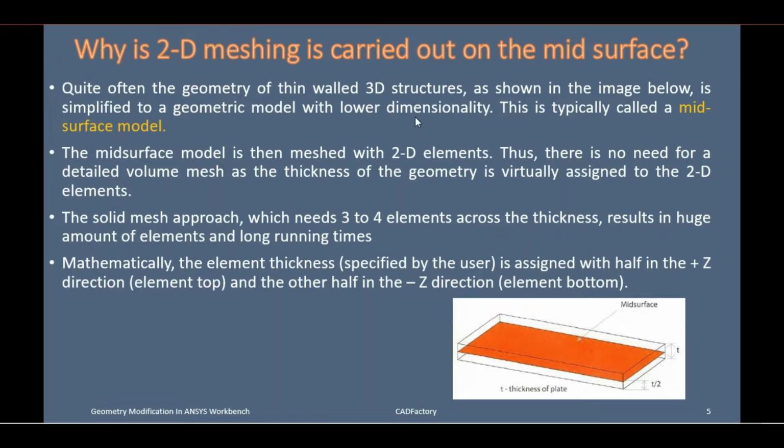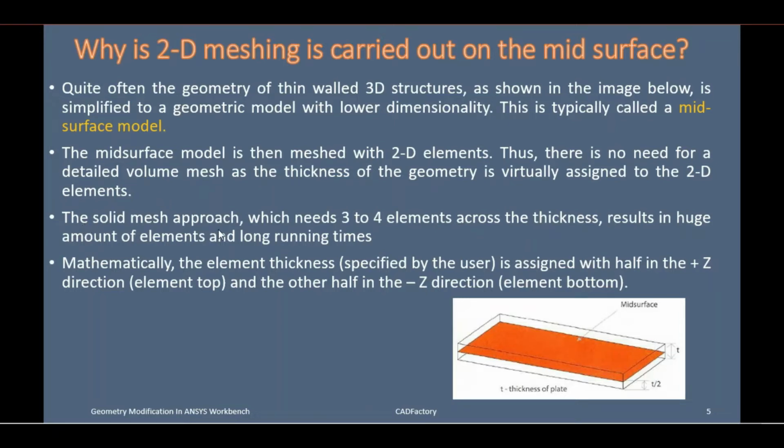So instead of 3D elements, we are going to use 2D elements so that it will reduce your simulation time. Thus there is no need for a detailed volume mesh, as the thickness of the geometry is virtually assigned to the 2D elements. So if there is a thickness, we have to assign this thickness virtually to the 2D elements instead of volume elements, that is brick elements.